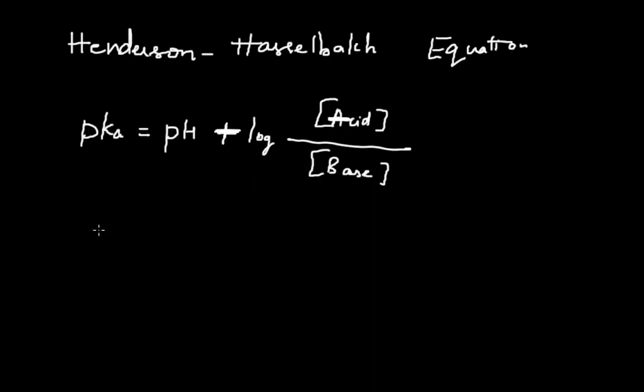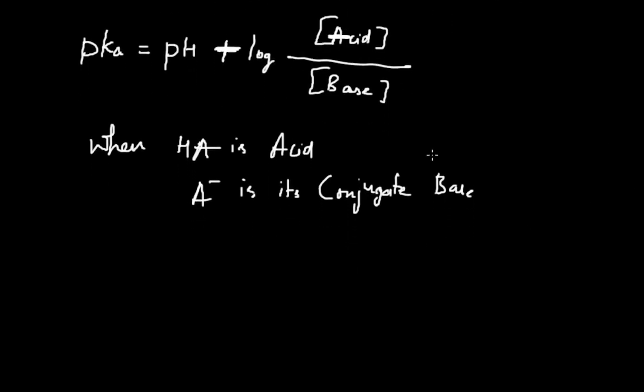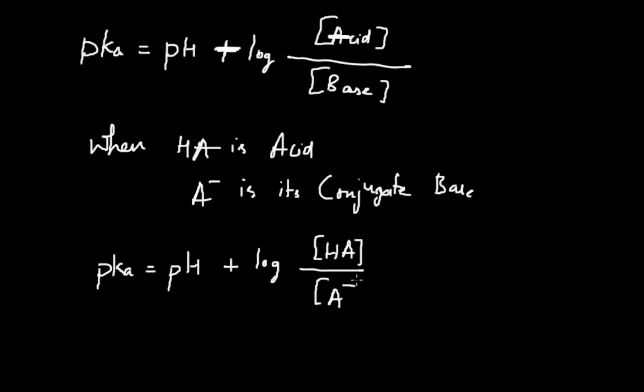Now when the acid is HA and A minus is its conjugate base, your pKa will become pH plus log of concentration of HA divided by concentration of A minus.